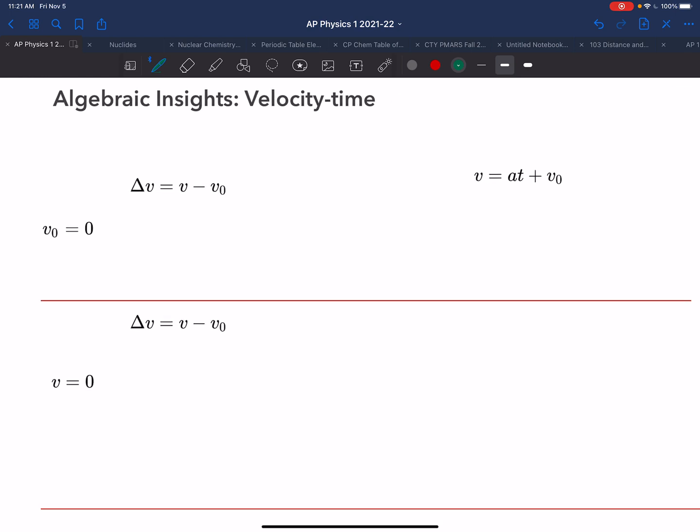Just as displacement is x minus x0, delta v is v minus v0. And we have this equation over here which requires a to be constant. So let's consider the case now where v0 equals 0. That gives us delta v then equals v.